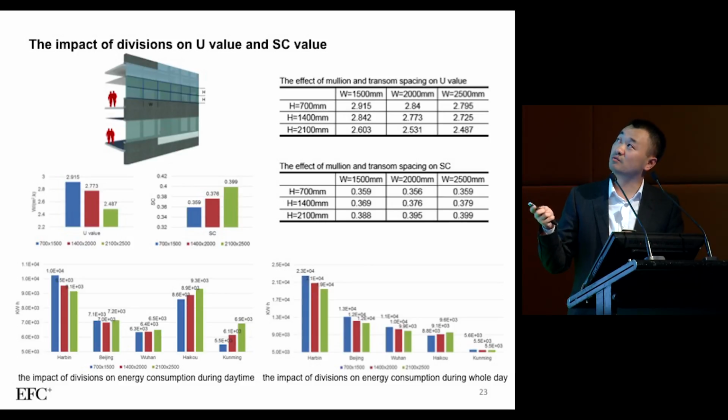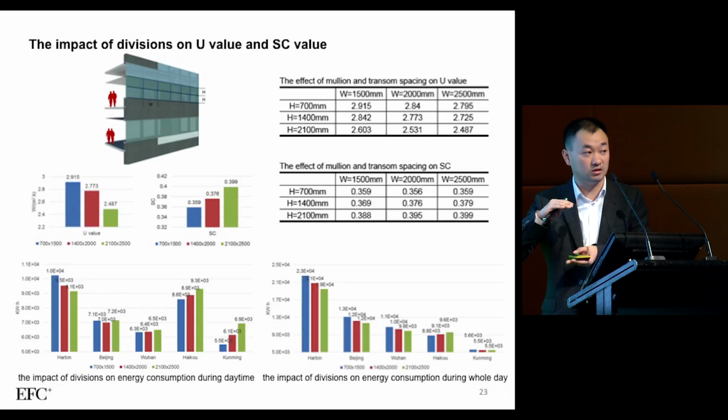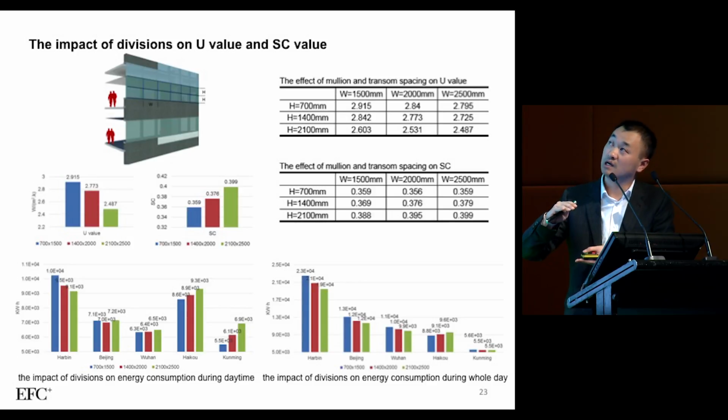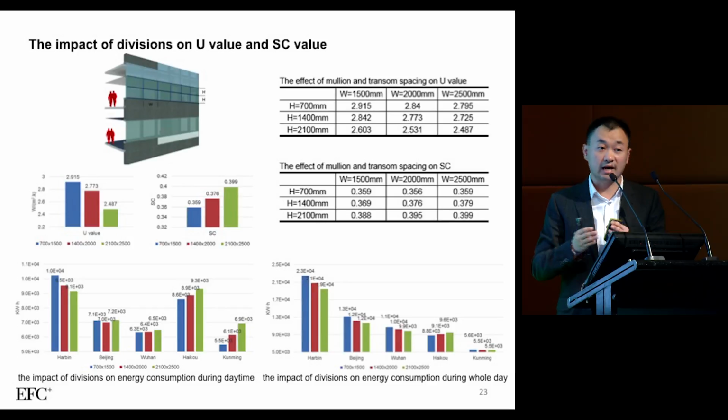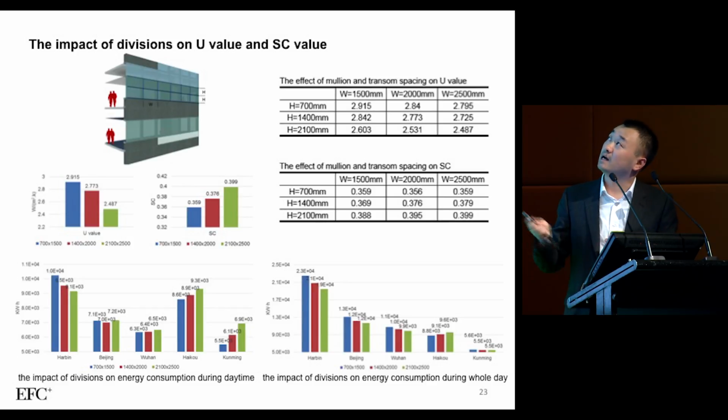When we start our division from 700 mm to 2.1 meters, the size of the edge will decide how much space we keep for the spandrel or for the shadow box, and also will decide the frequency of the mounting of the facade, and the width is from 1.5 meters to 2.5.